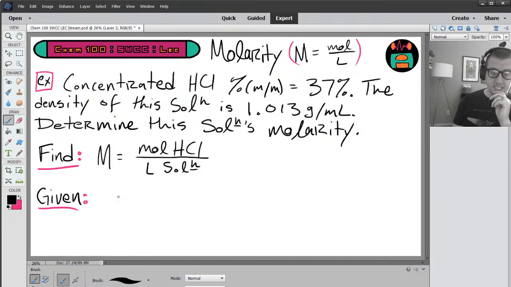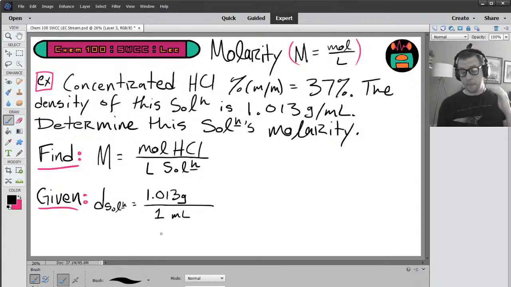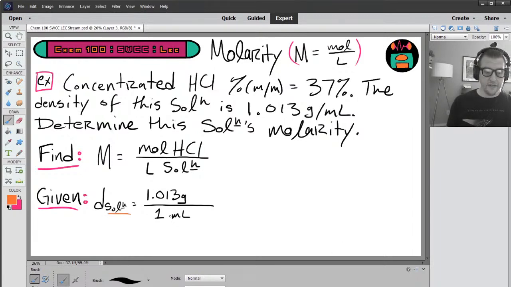Now, we're told that the density of our solution is 1.013 grams per 1 milliliter. All right, density is a ratio. And something that's important to note is this is the density of a solution. So this is 1.013 grams of solution over milliliters of solution. All right?